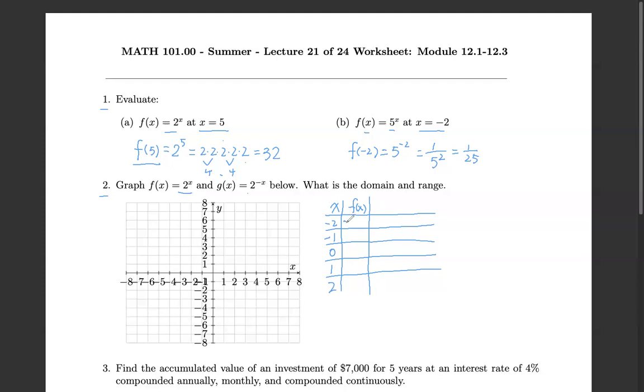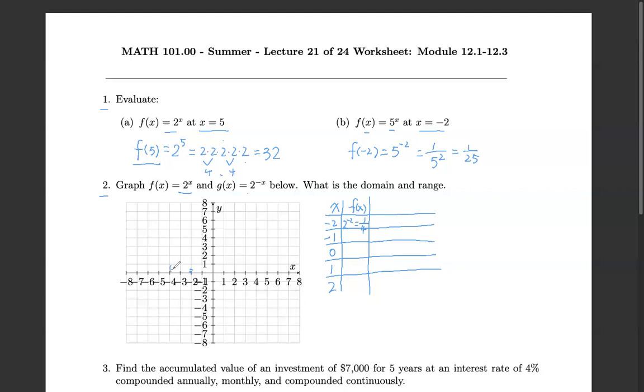So f of x is 2 raised to x. This one is 2 raised to -2. That's 1 over 2 squared, which is 1 over 4. So we get -2, a quarter, as a point. When x equals -2, the function value is a positive quarter. So we get a point somewhere here.